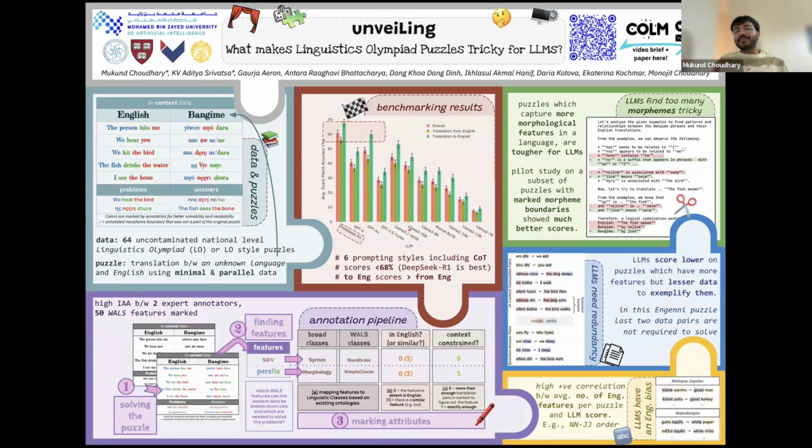So to understand what makes this difficult for LLMs, we try to annotate these puzzles in terms of what linguistic features they had. So for example, in English, the word order is subject, verb, and object. But in this low resource language, Bangi made, the order was subject, object, and then verb. So one of the features extracted was the word order, and the second was this prefix.